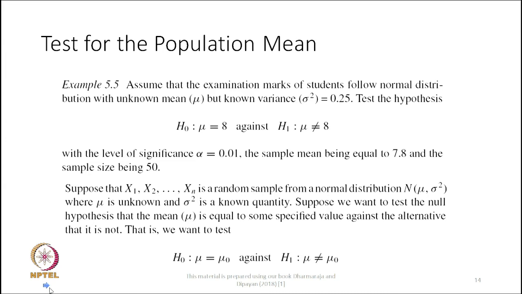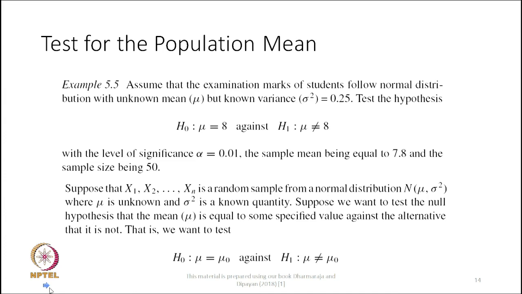The statement is made regarding the population mean, and the population follows a normal distribution with the mean mu and the variance sigma square. The statement is that mu is going to be 8, that is the null hypothesis.